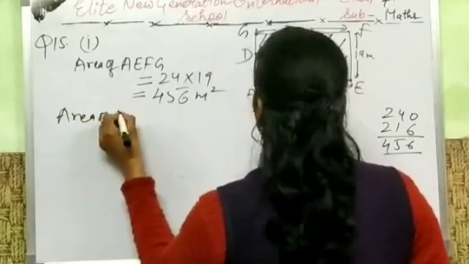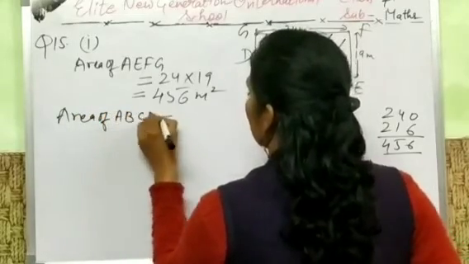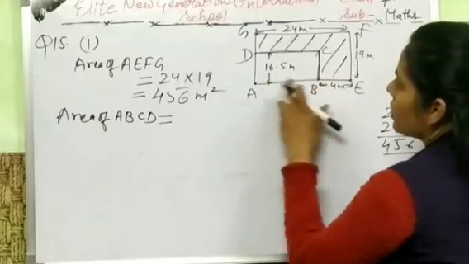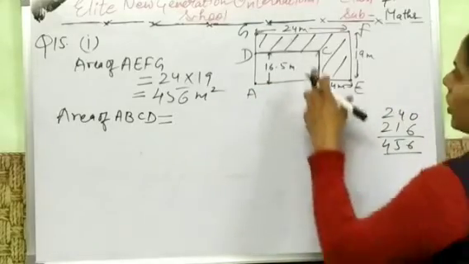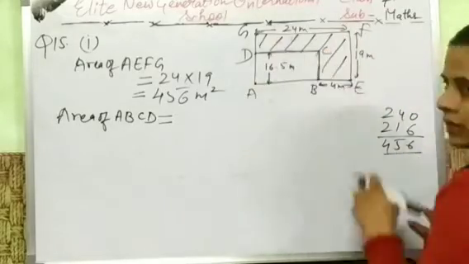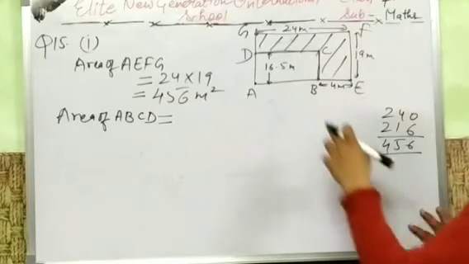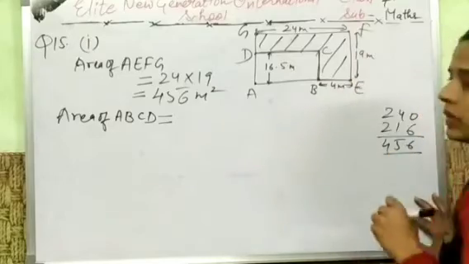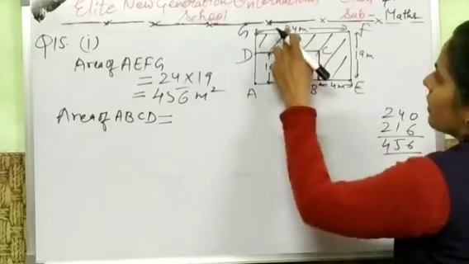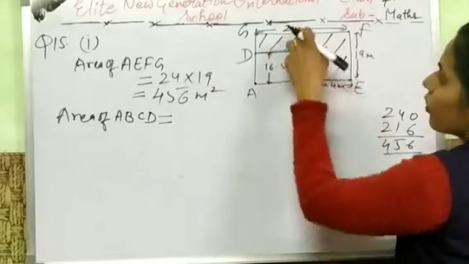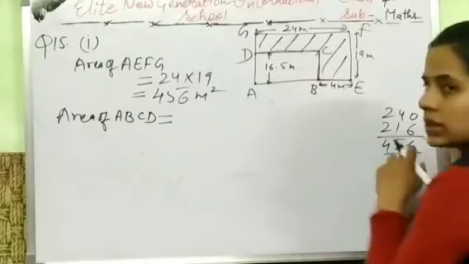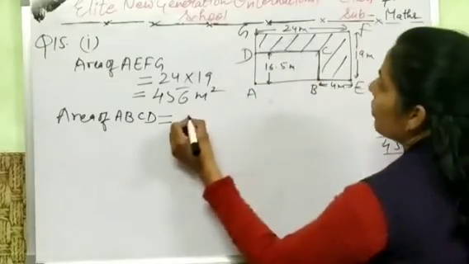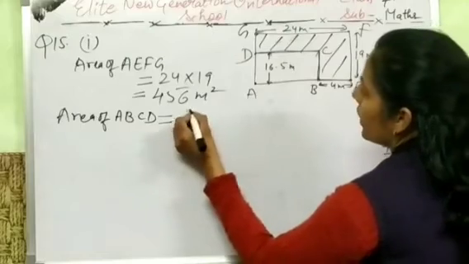You can see the length of this rectangle is not given, but the length of the outer rectangle is given, which is 24, and this distance is also given, which is 4 meter. So when we subtract 4 from 24, we'll get the length of this side. Here 24 minus 4 is equal to 20.